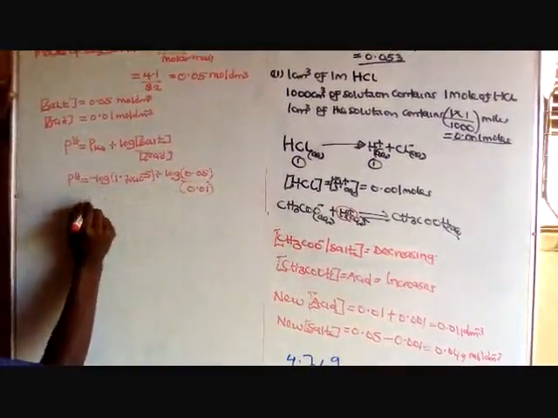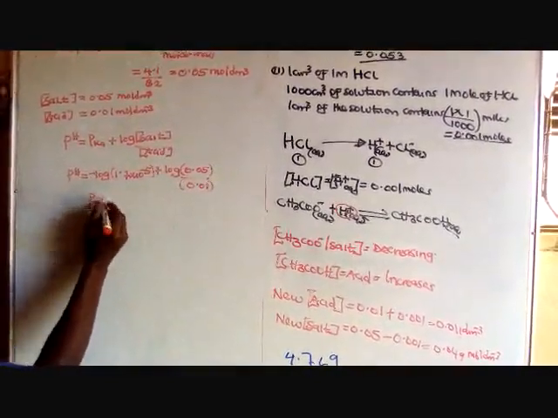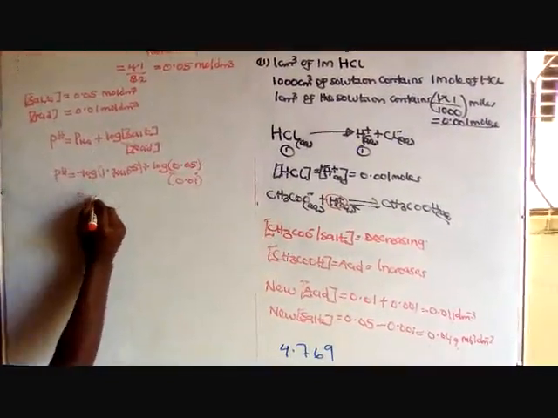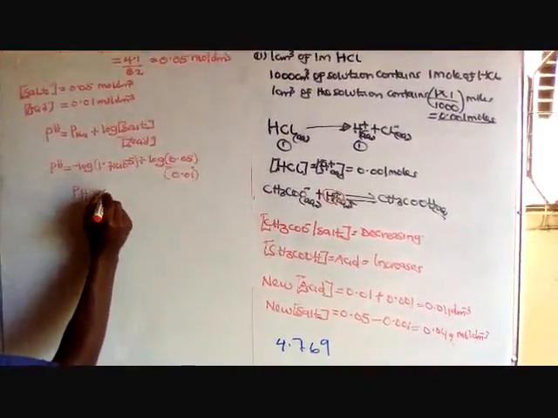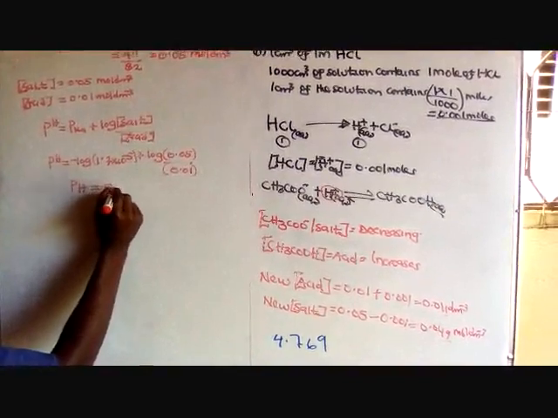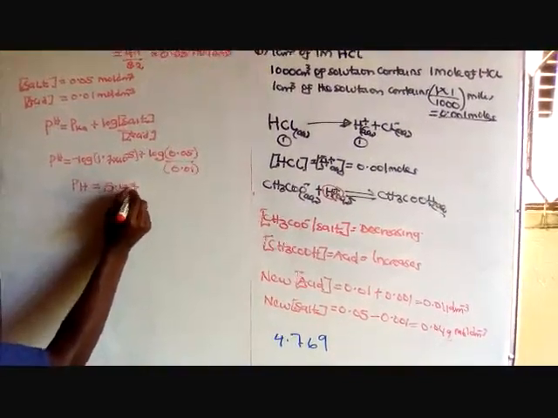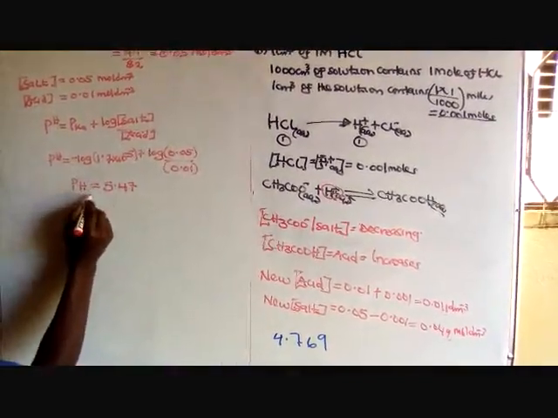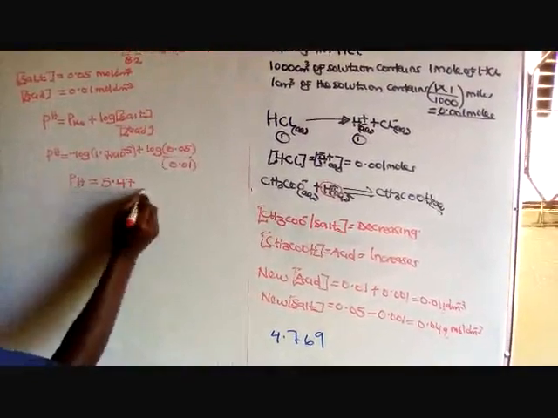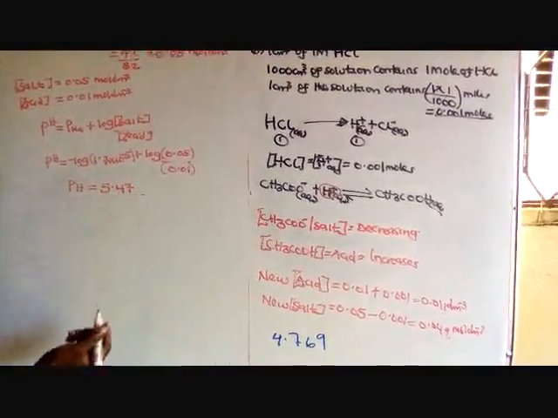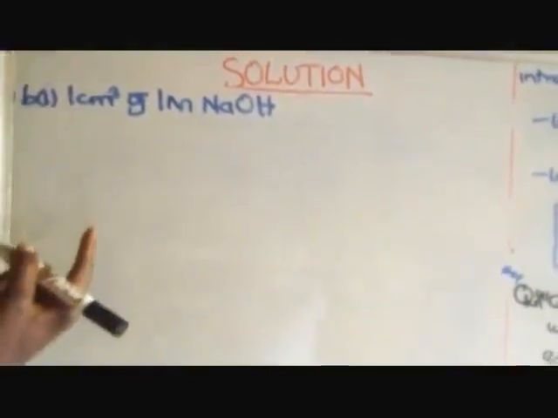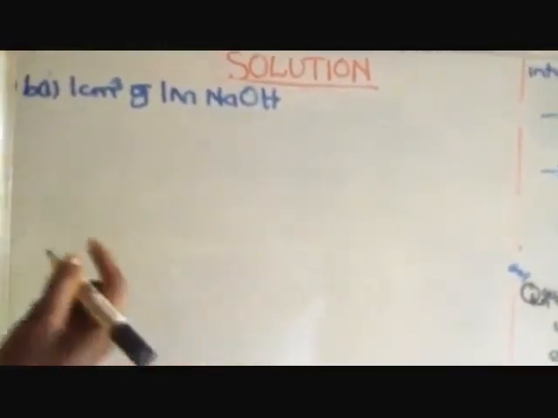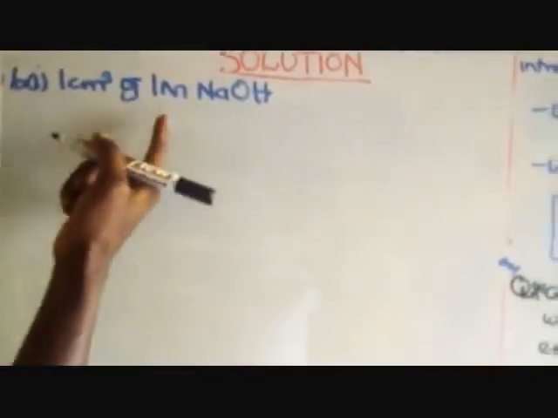And when you compute mathematically with your calculator, we are going to see that our pH is equivalent to 5.47 units.